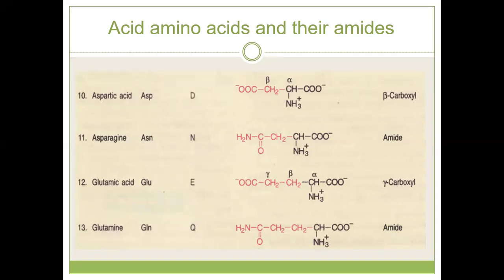So any carboxyl group that may occur in any of the R group is the secondary carboxyl group. So what happened in the case of aspartic acid? You have on the alpha carbon another methyl group which form the beta carbon. On the beta carbon, you have a carboxyl group attached to the beta carbon.